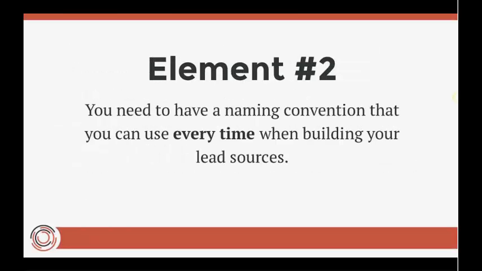So element number 2, you need to have a naming convention that you can use every time when building your lead sources. And this is really what we were able to do at Infusionsoft that was really effective. We had a lot of different activities going on, and before then, a lot of different ways of referring to those activities.